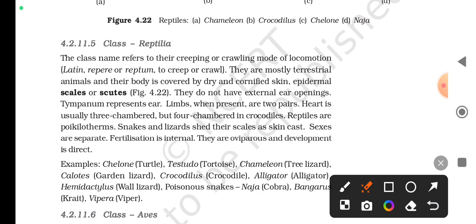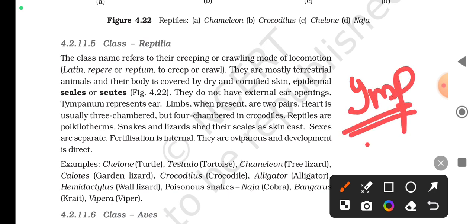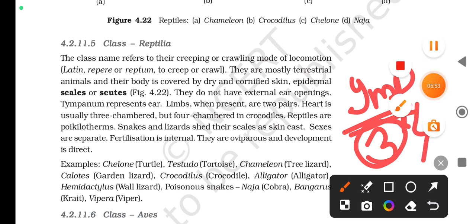Limbs, when present, because snakes don't have limbs, are two pairs. The heart is usually three chambered but four chambered in crocodiles. Please mark it, it's important. And this is a very important line: they have a three chambered heart except crocodile, which has a four chambered heart.